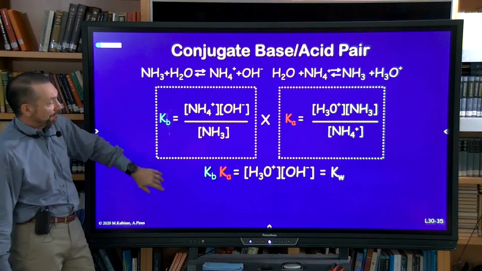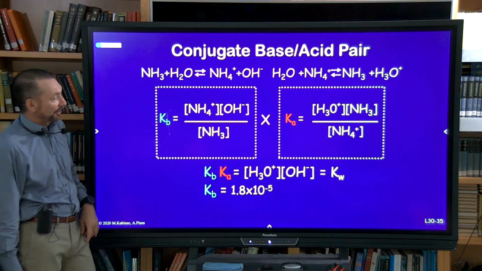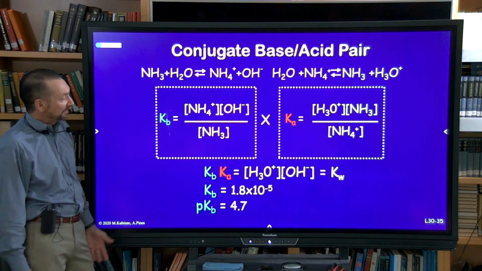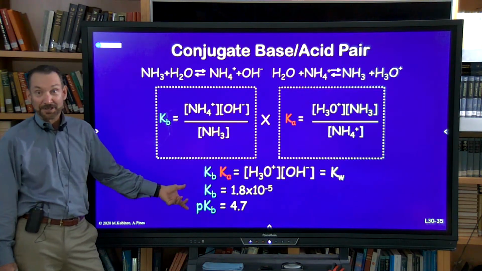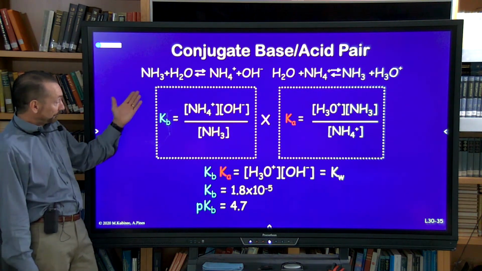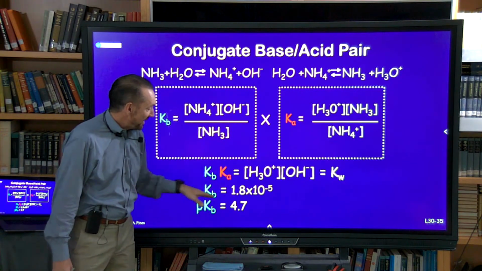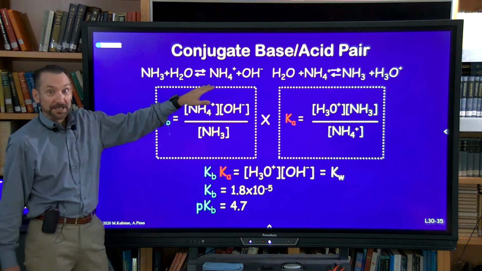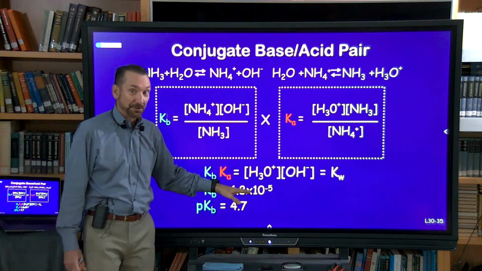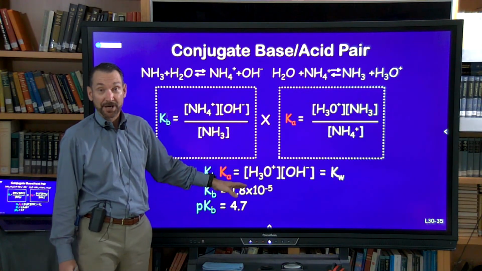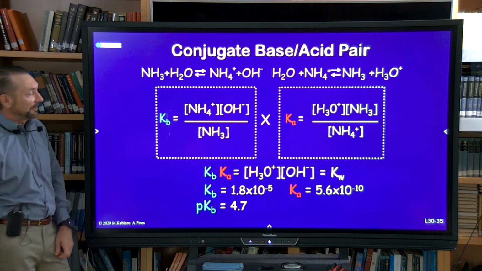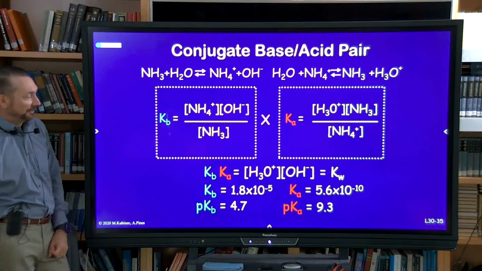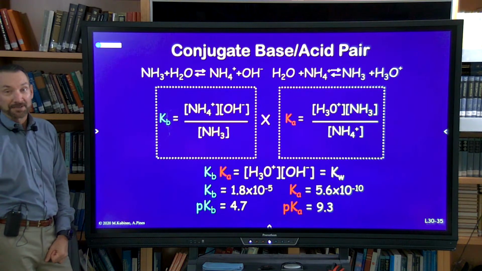The conjugate base is the stronger in this case. And just coincidentally, these numbers are kind of mirror images of each other. So the Kb for NH3 is about the same magnitude as the Ka for HAC, for the acetic acid. So they're just coincidental Ks of the same magnitudes.